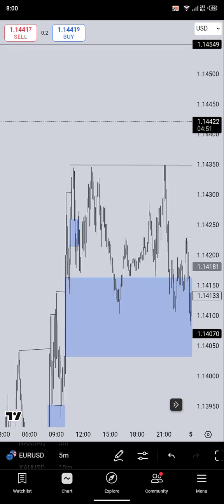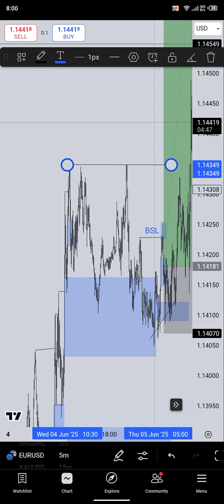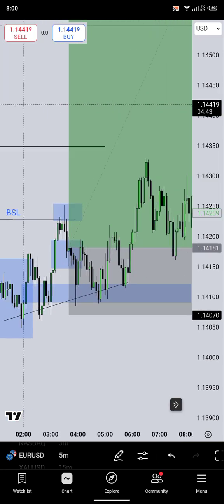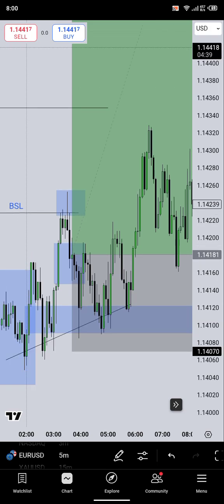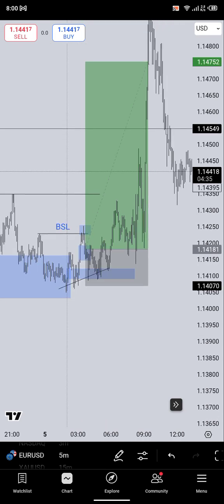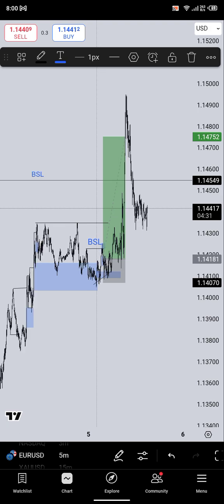So the algorithm was seeking to take out these relative equal highs. So marking out our fair value gap, we took our entry, then held through all these hurdles. Our overall target was this buy side liquidity here.